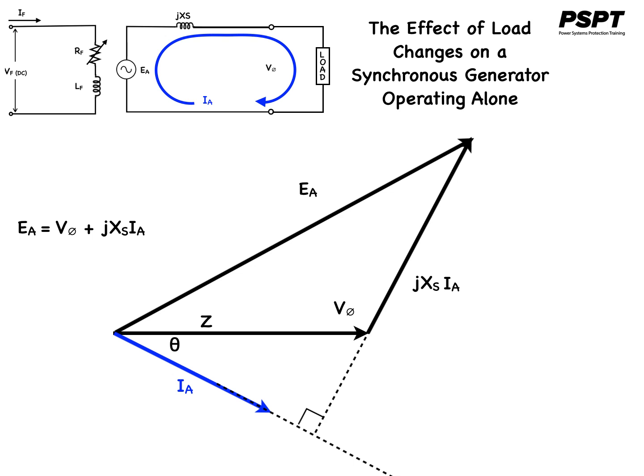Now, since EA is equal to V phi plus jXSIA, by Kirchhoff's voltage law, jXSIA must stretch between V phi and EA, which is constrained to be the same magnitude as before the load increase.